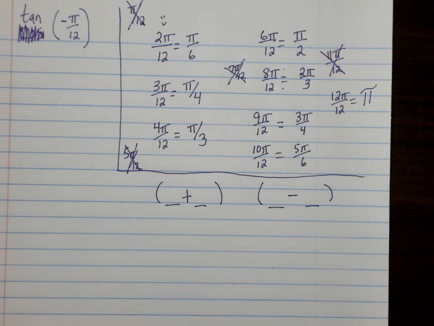What's a combination that would work to get negative pi over 12? If you have an idea, type it in the chat.